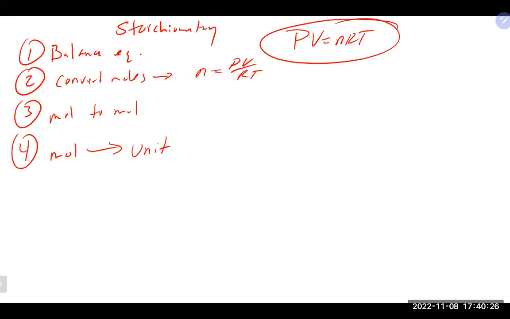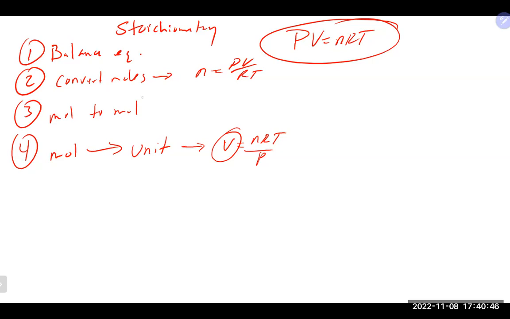Most commonly, though, it is used on the last step, where you'd be solving for volume. Oftentimes you are interested in the volume of a gas that you collected. All the intermediate steps are going to be the same.